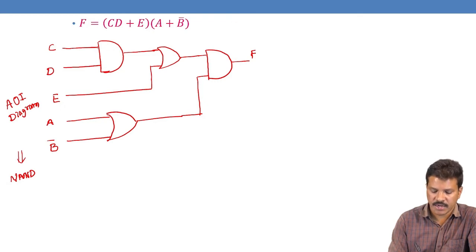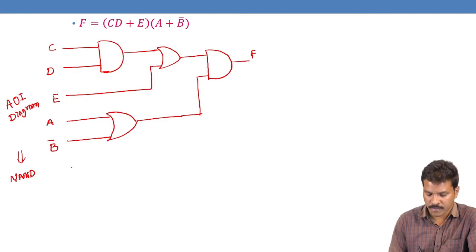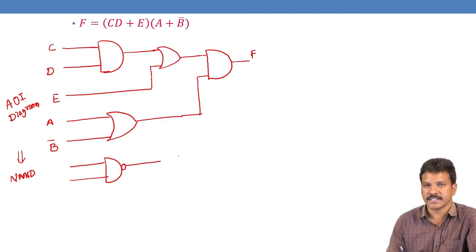So here, I am replacing these AND gates with AND with bubble, and then the OR gates with bubble with OR.